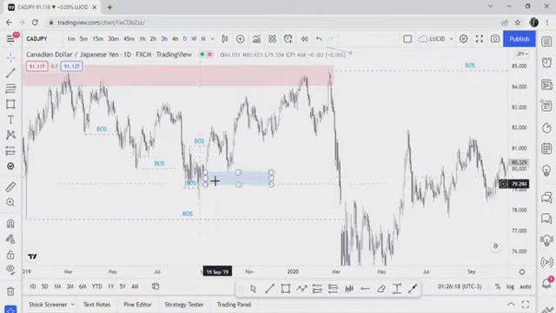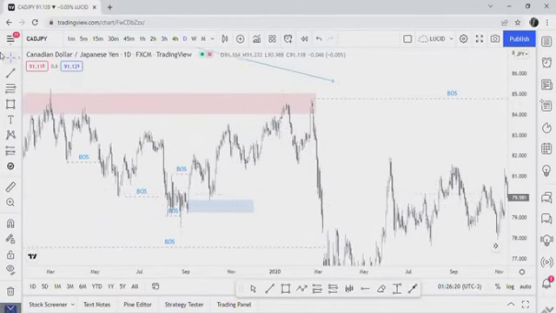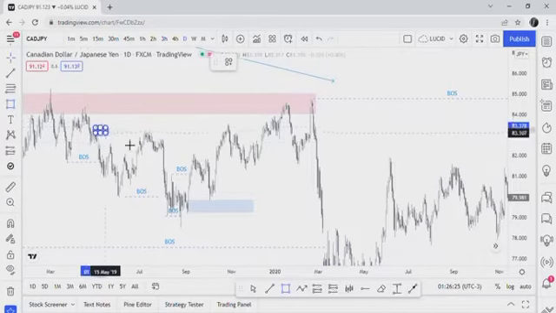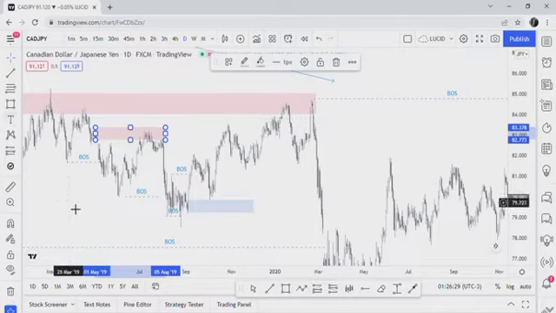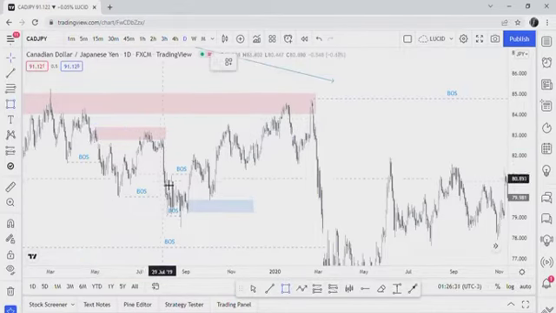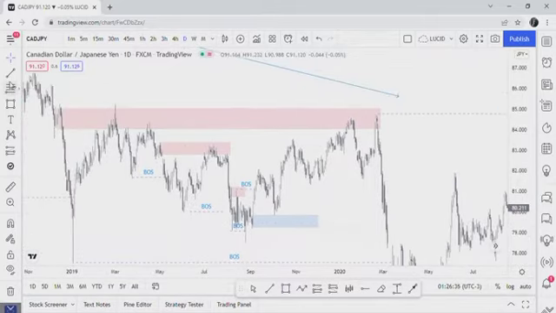From this demand, supply was holding here, demand was falling. Supply held, demand failed. Same with here, supply held, demand failed.